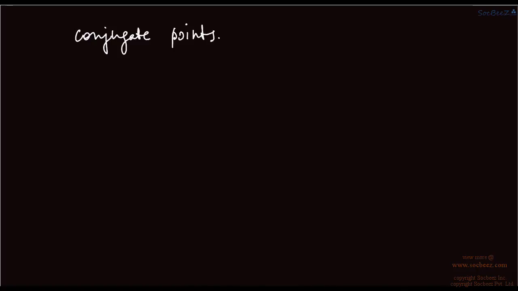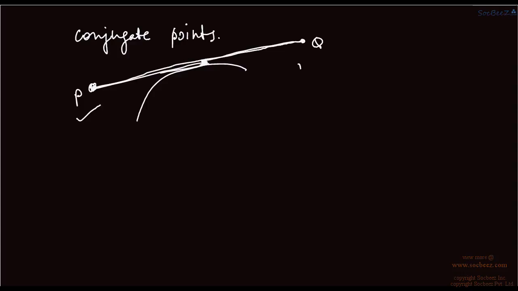So the thing is that if this is the curve and this is the tangent at this point, and for P this tangent passes through Q, then the tangent from Q will also pass through P. That's why these are called the conjugate points.